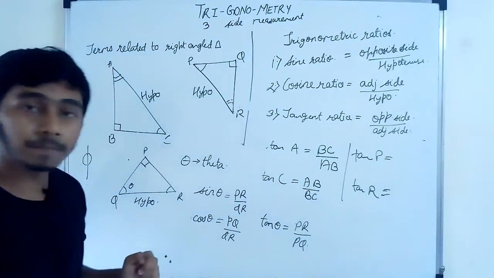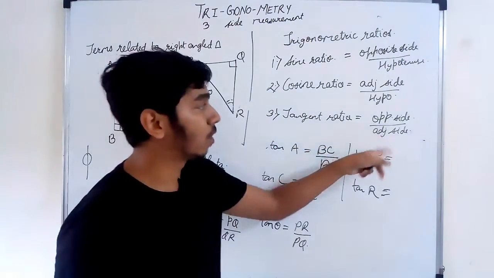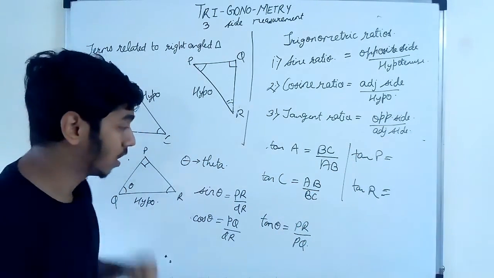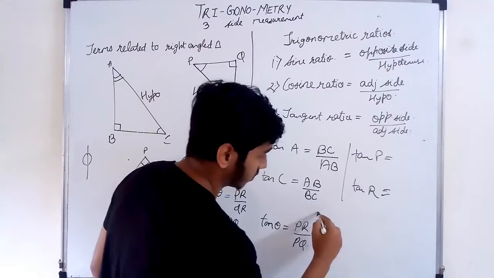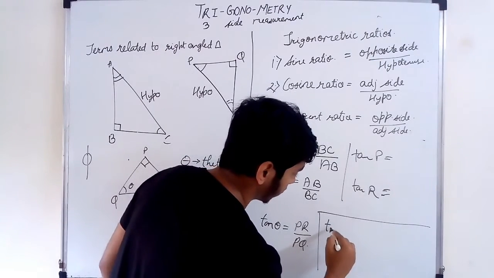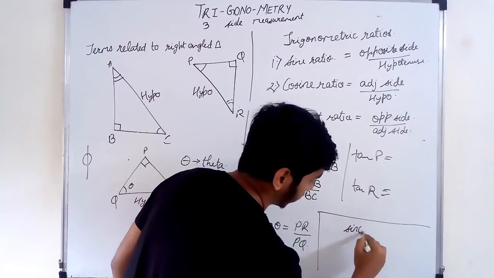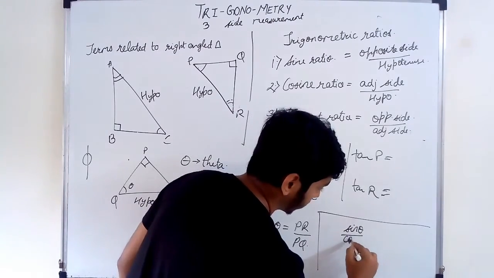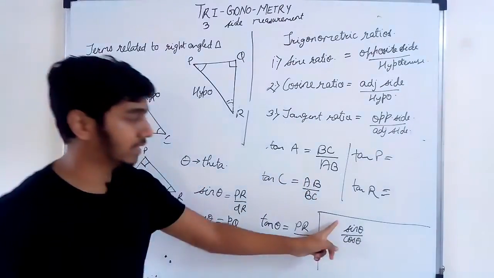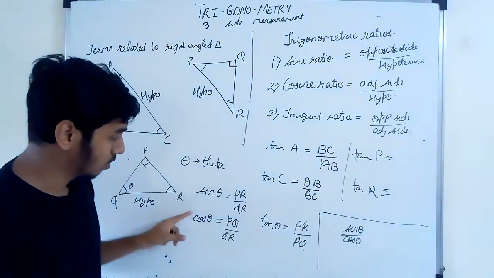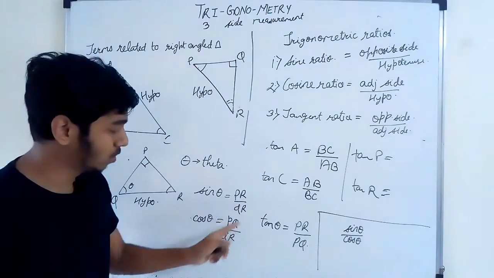But without knowing this formula also, we can find tan theta. You know how? Let us see here. If I divide sine theta by cos theta, sine theta is PR upon QR, cos theta is PQ upon QR.